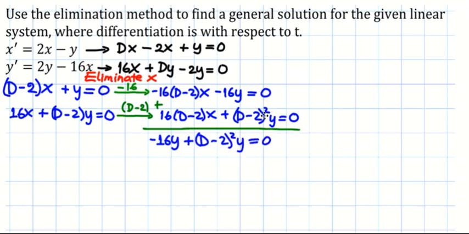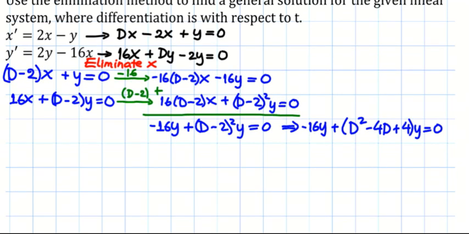If we rewrite this as negative 16y, the (d minus 2) squared I can write as d squared minus 4d plus 4, times y, equal to 0. I multiply it out and simplify.